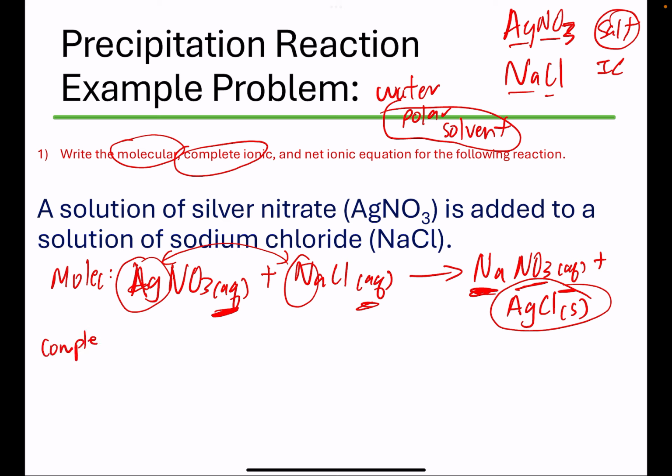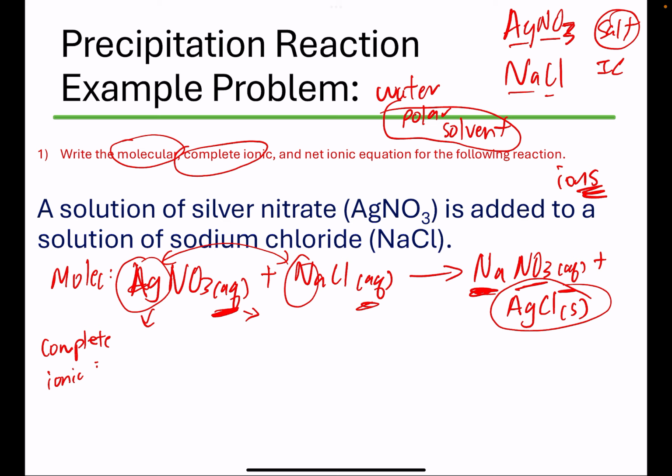So complete ionic. We have to separate those into ions. So if we forgot to mention, an ion is a positive or negative charged atom or molecule that is in our solution.